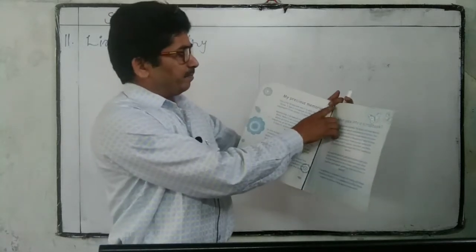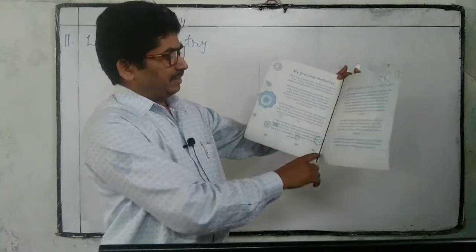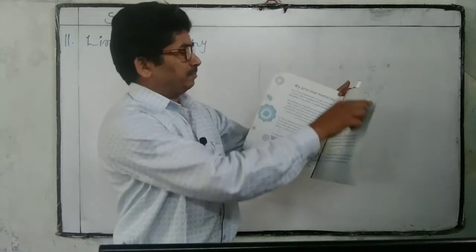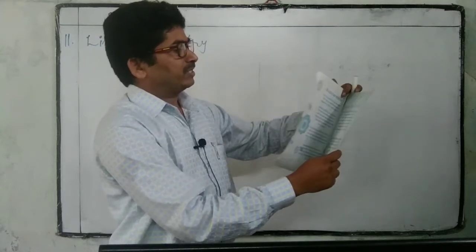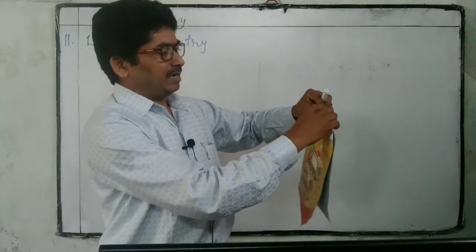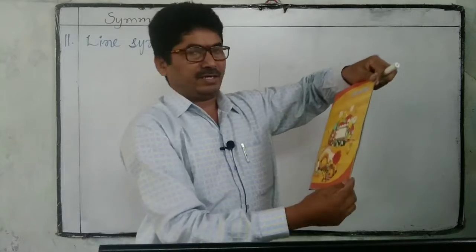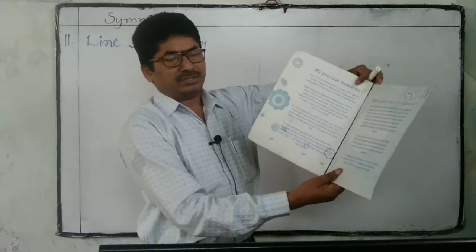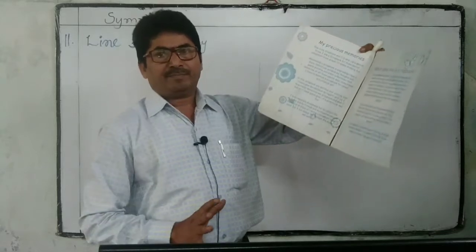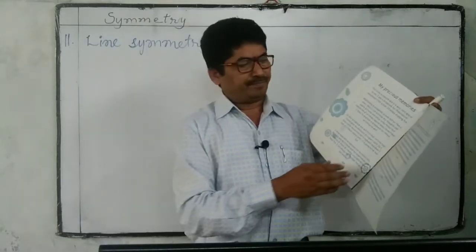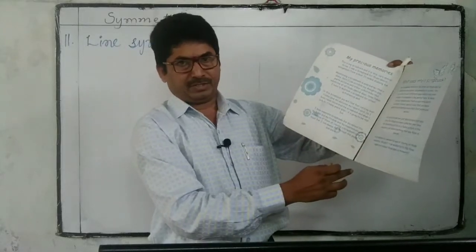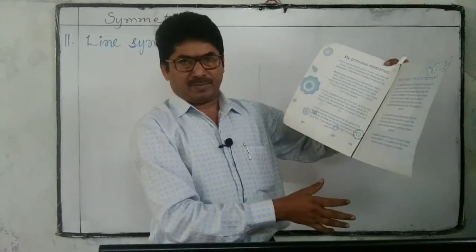We are folding from this along the line. Each part coincides with the other part exactly. So this is the example for line symmetry. This is a line in this symmetric figure.